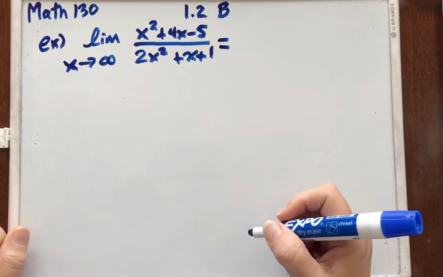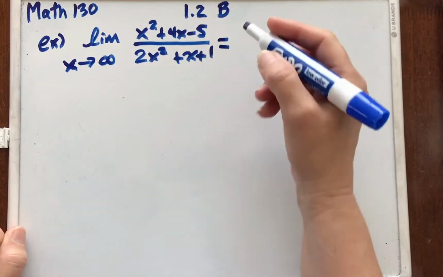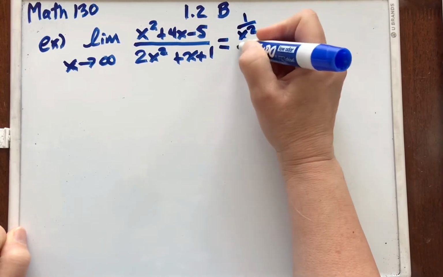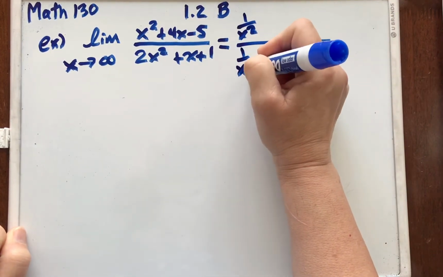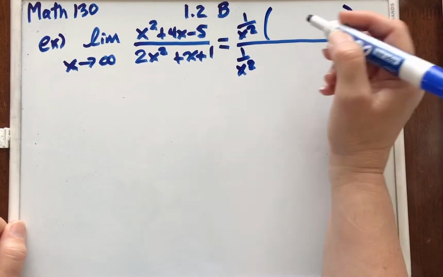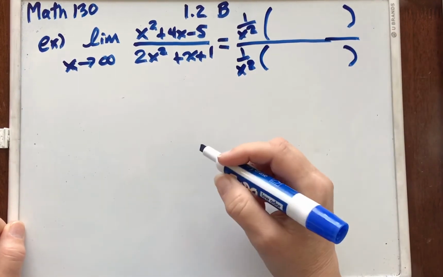What I'm going to do, and it'll make sense when you see it later, is divide the numerator and the denominator by x squared. I'll show you how that works in a minute. It'll all make sense after we do it.